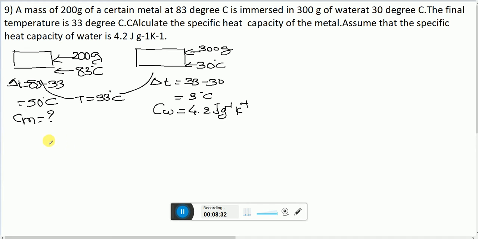Alright, so again applying the principle of calorimetry, heat lost will be equal to heat gain, applying the formula M into C into delta T.